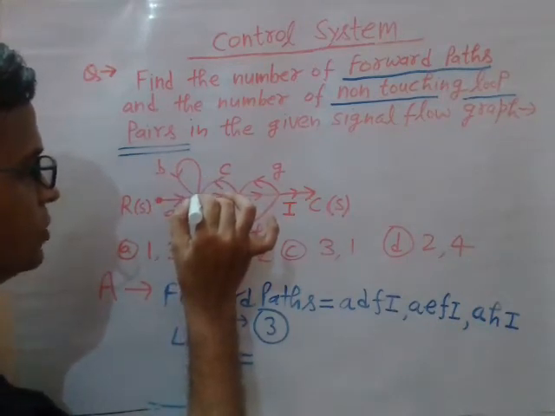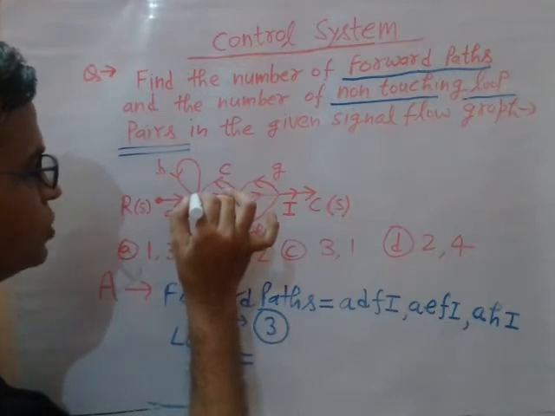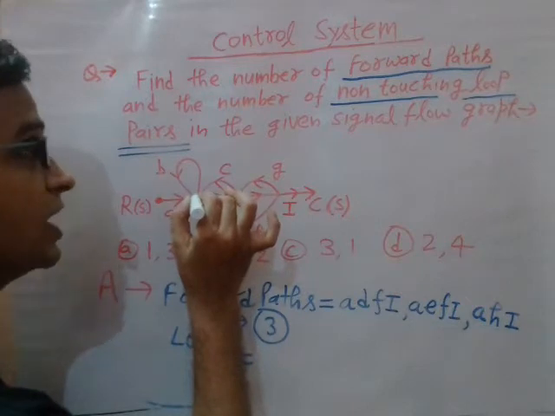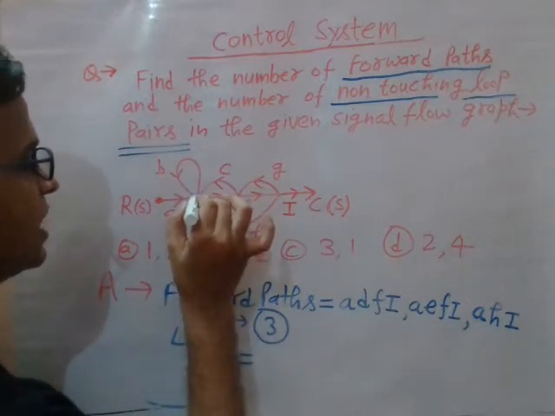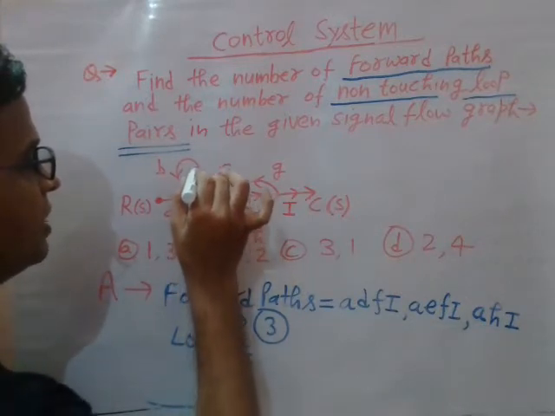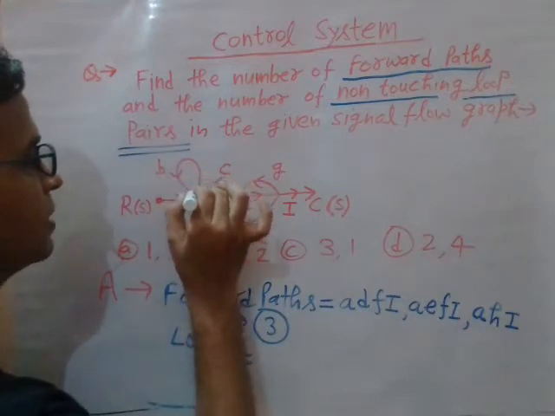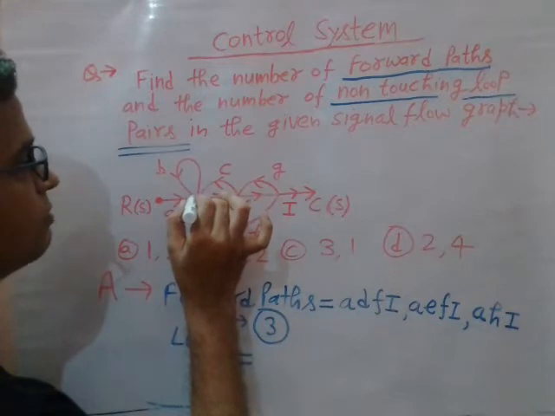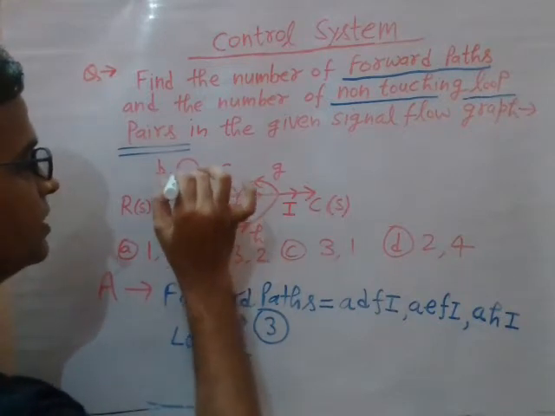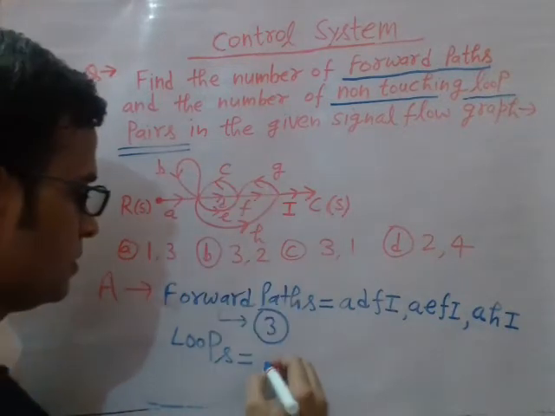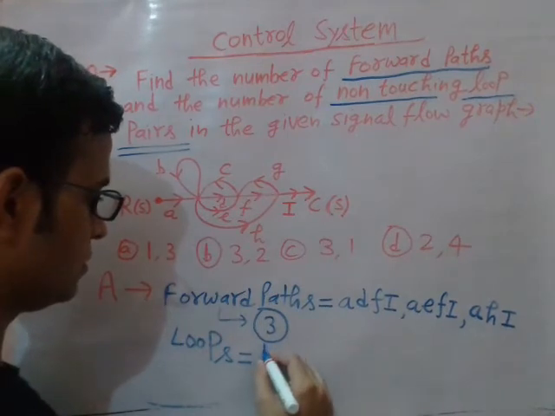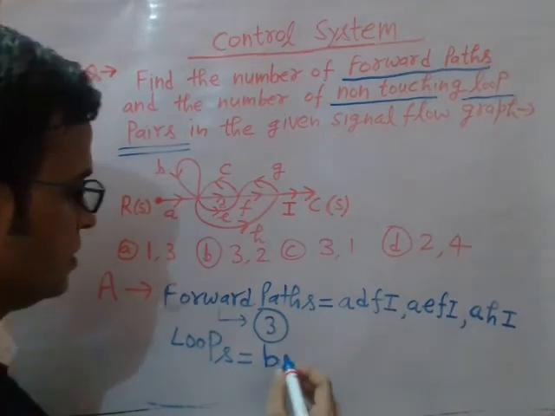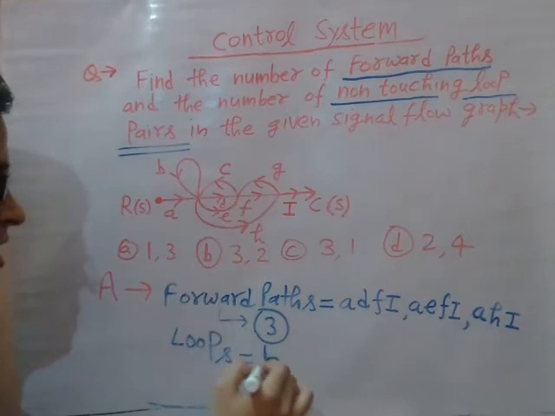The condition of formation of a loop is that you must not cross the same node again. So I start from here, travel like this and come back to the same node, without crossing any other node, but this completes a loop. So this is one loop, and its gain is B.